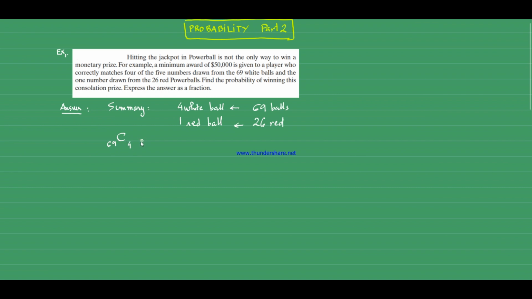So we just go ahead and put it into the calculator, or you use the formula. So we have 69 factorial over 69 minus 4 factorial, and over 4 factorial.